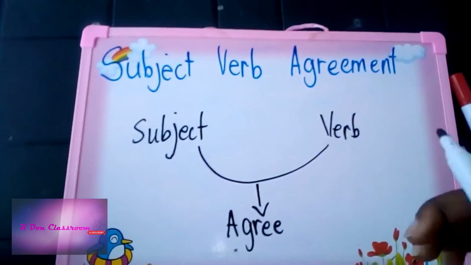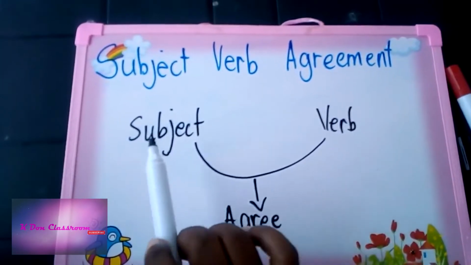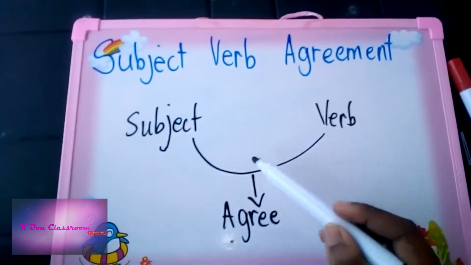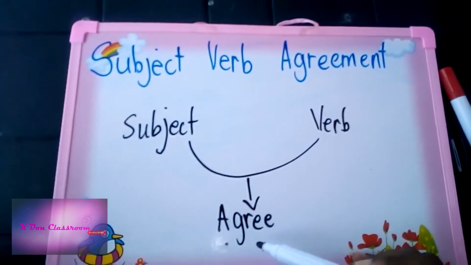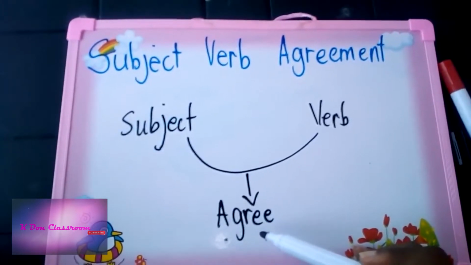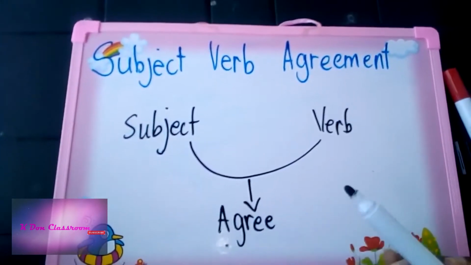Good. So when you're writing sentences, your subject and your verb must always agree with each other. If they can't agree with each other, then your sentence is incorrect.